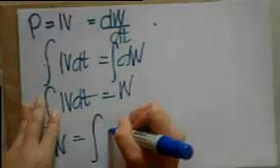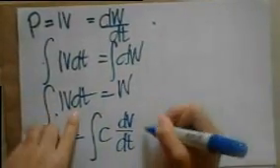To get the energy W, we have to integrate this. The integral of IV dt equals the integral of dW, which is equal to W. And W equals the integral of, since I can be written as C dV over dt, C dV over dt times V dt.